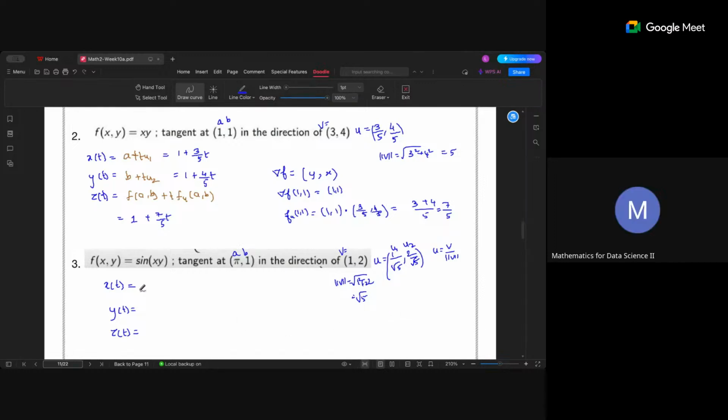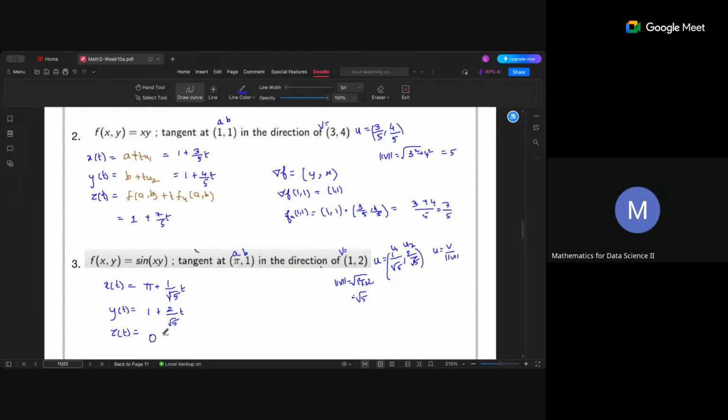So x of t is, just straight away you can say pi plus 1 by root 5 t, and then y of t is 1 plus 2 by root 5 t. And what is z of t, did you calculate? 0 plus... Your f of pi comma 1 is sine pi, so 0.